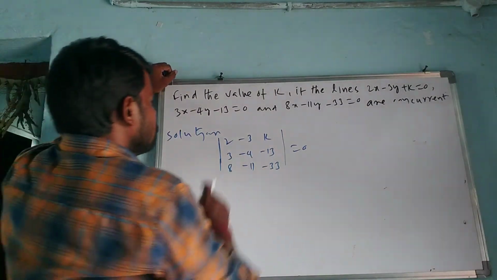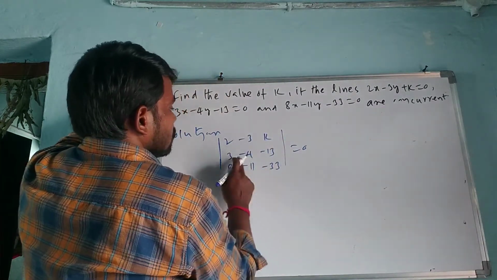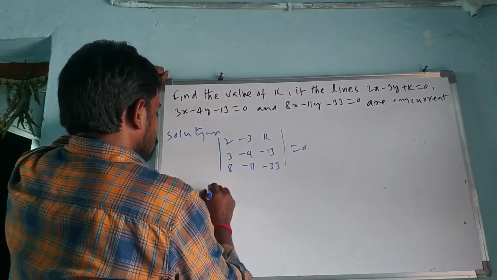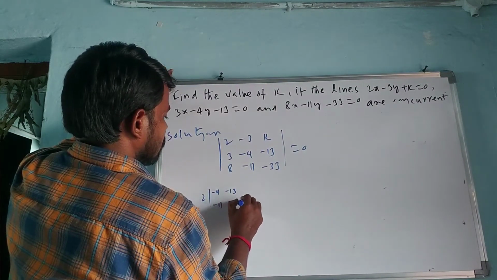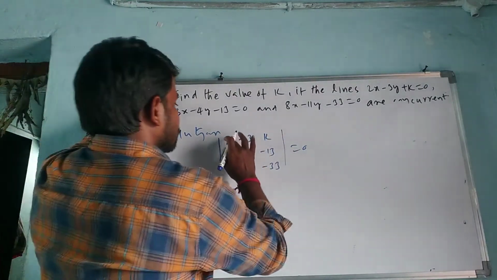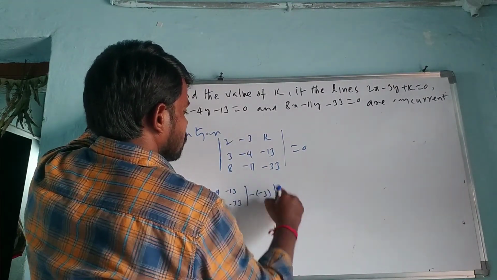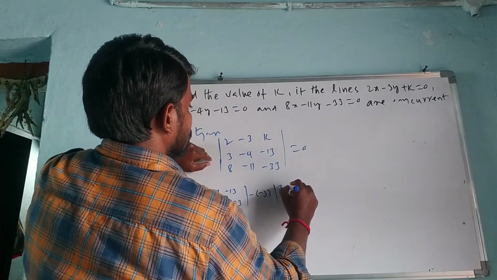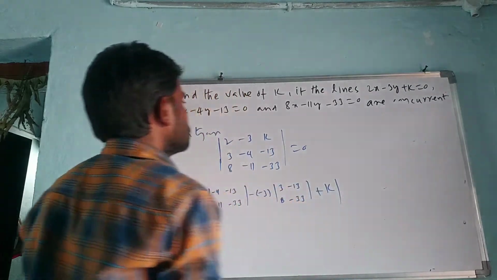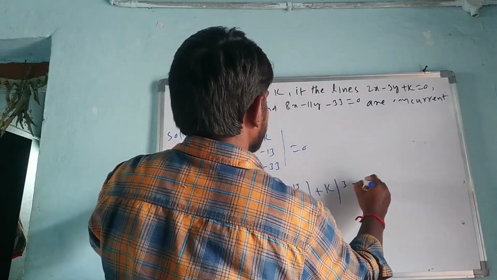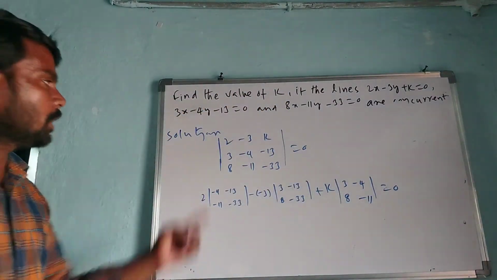So determinant form is nothing but take the 2 times the minor of 13, minus 4, minus 13, minus 11, minus 33, and then minus of minus 3 times the minor of 3, minus 13, 8, minus 33, plus k times the minor of 3, minus 4, 8, minus 11, is equal to 0.